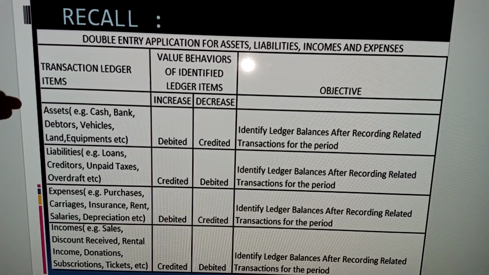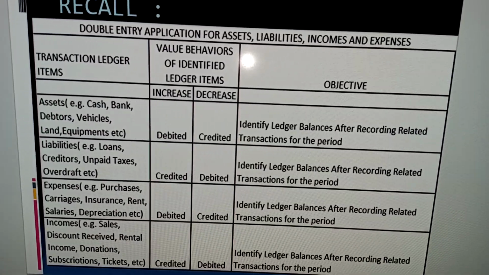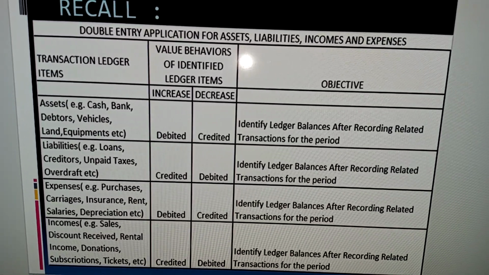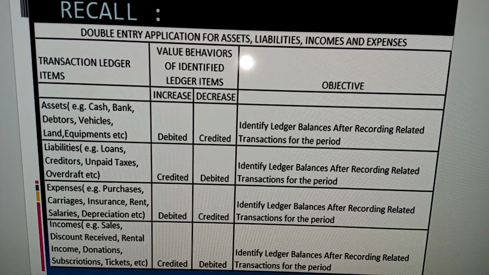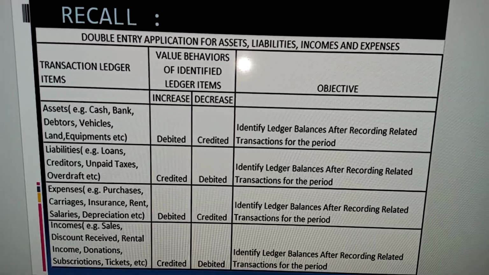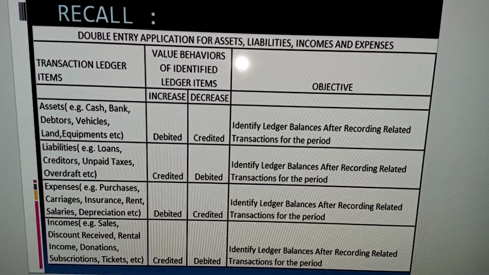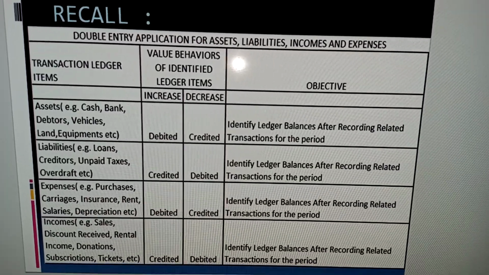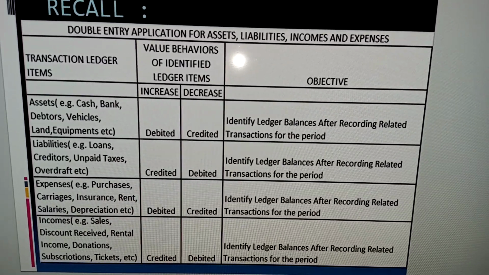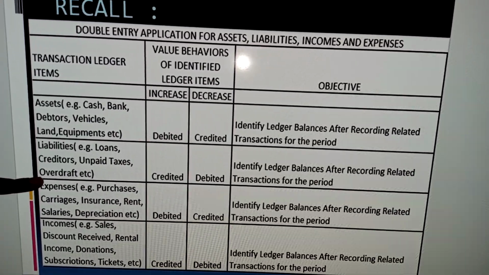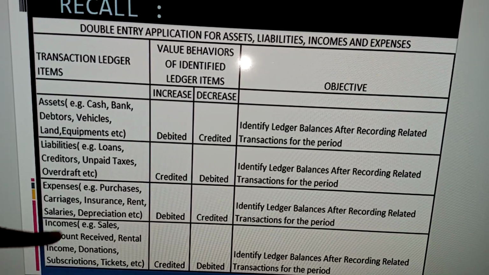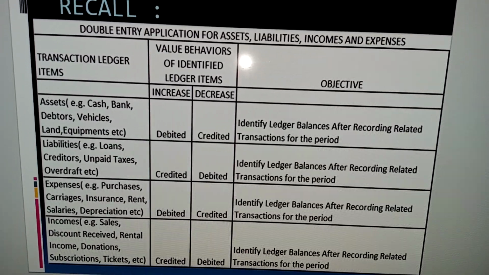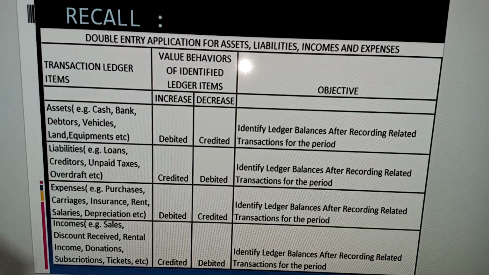Assets, which examples can be cash, bank, debtors, vehicles, land, equipments, all other assets. We can also identify liability items, loans, creditors, unpaid taxes, and so on. We can also identify expense items. And then we can also identify what? Income items.